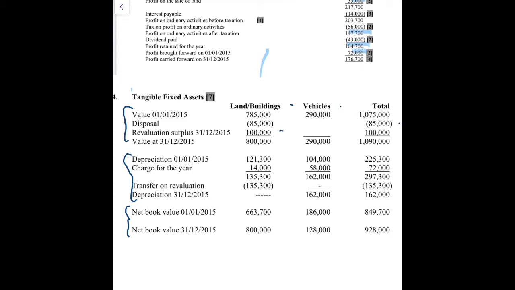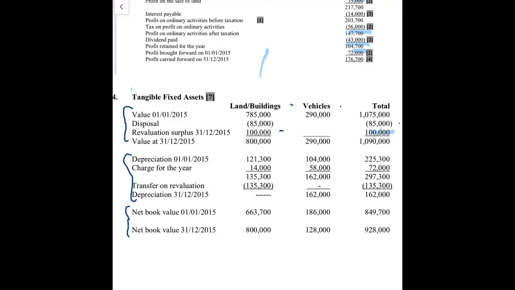So the 100,000 is the increase, that's going in. Nothing changed with our vehicles, so that's just leaving it blank. You can put a dash in there, you can put a 0 if you want, okay? So you're carrying that 100,000 over to our total, okay? And then you do your totals. So our buildings then work out at €800,000. No surprises there, that's the revaluation amount. Our vehicles are still at €290,000, which leaves our total at 1,090,000.